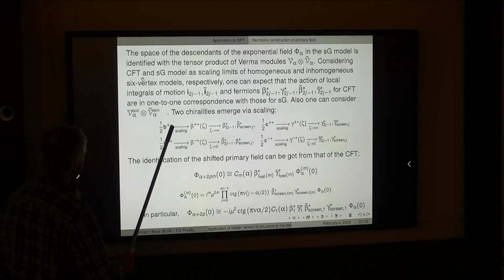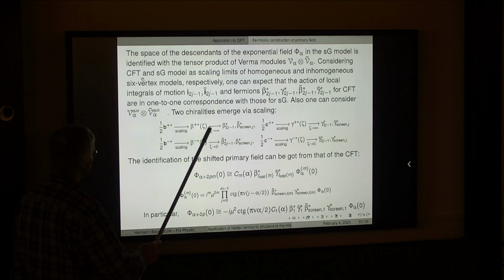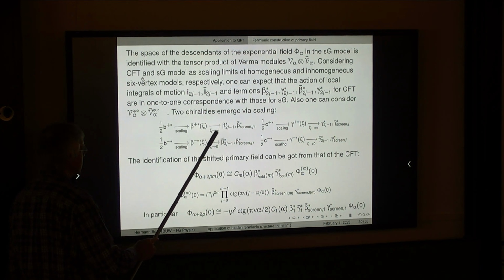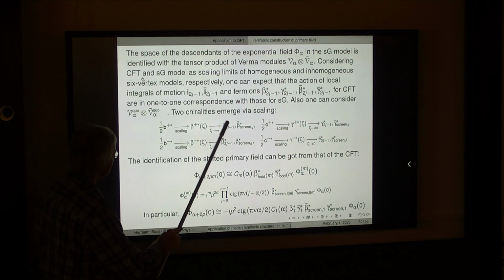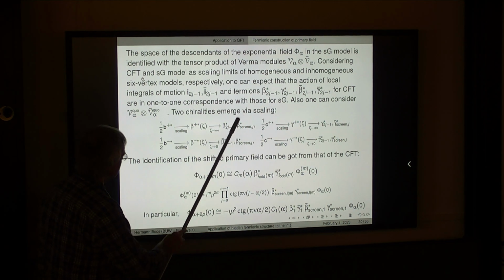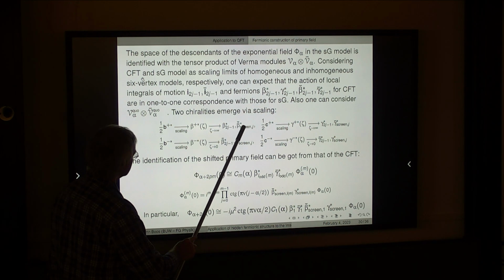If we take B plus star and C plus star and do scaling, and then take asymptotic zeta to infinity, then we get local operators beta star and non-local operators, beta star screening bar.